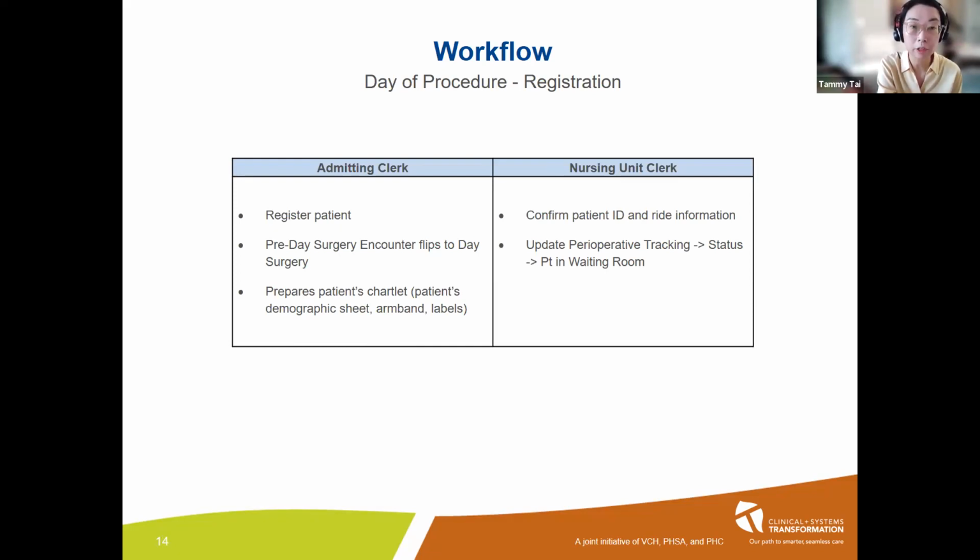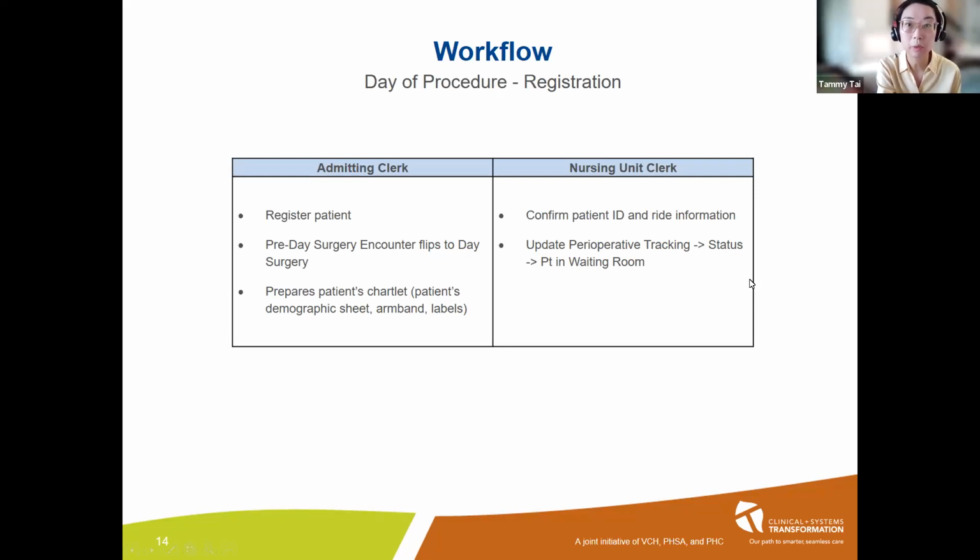The admitting clerk will now register the patient. The pre-day surgery encounter created by the booking clerk will now be flipped to the active day surgery encounter. And the patient's chartlets, which is the mini version of the patient's paper chart, will be created. This will encompass the patient's demographic sheets, the wristbands, and any patient ID labels.